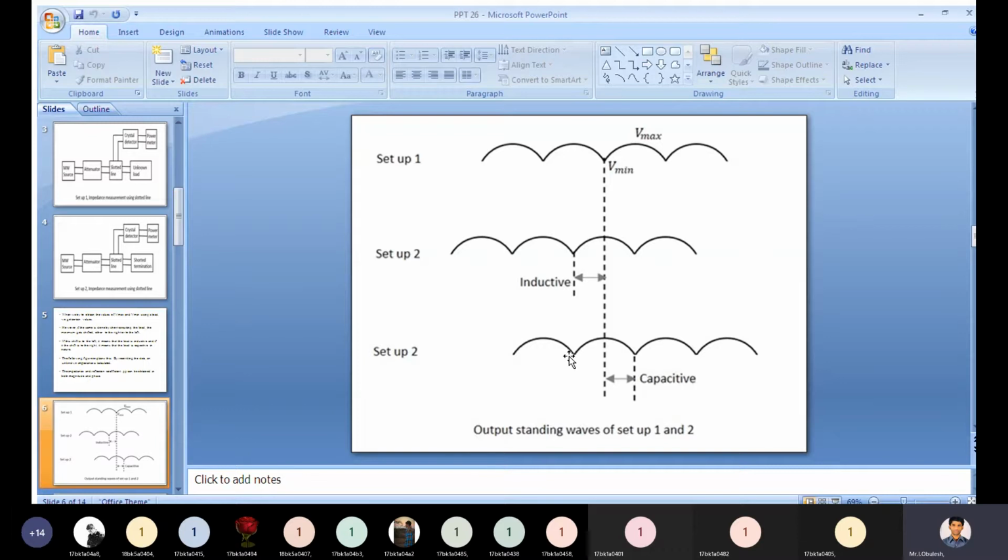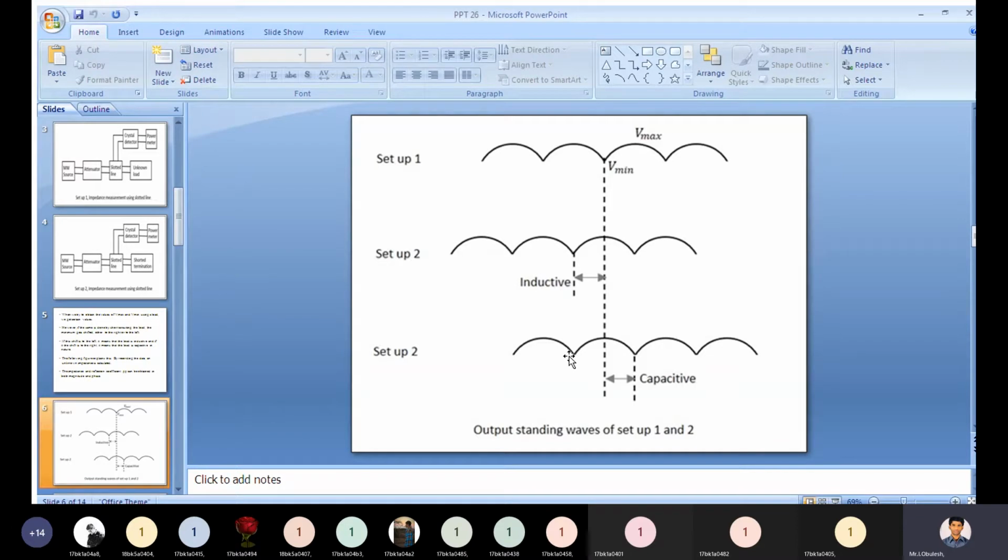By recording the data from these three setups, an unknown impedance is calculated.